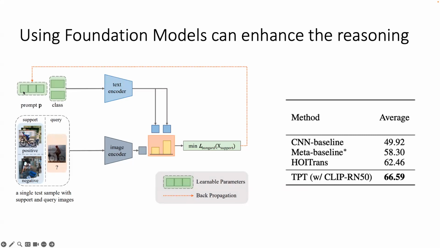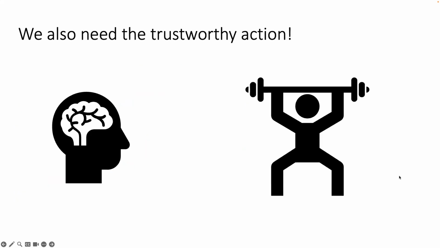In this way we shift the foundation model to this downstream dataset, optimizing the parameters of the prompt. Then, given an image, we can let the CLIP model predict whether it belongs to the positive or the negative group. It shows that using CLIP with this prompt optimization achieves a large improvement. So this is going from perception to reasoning, but what else?